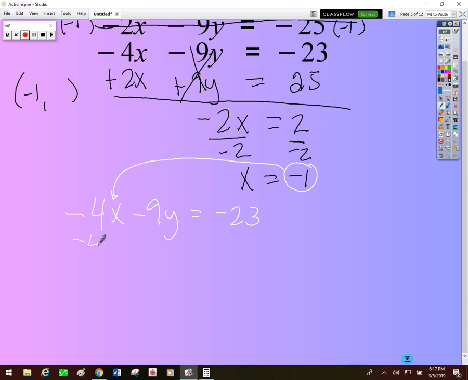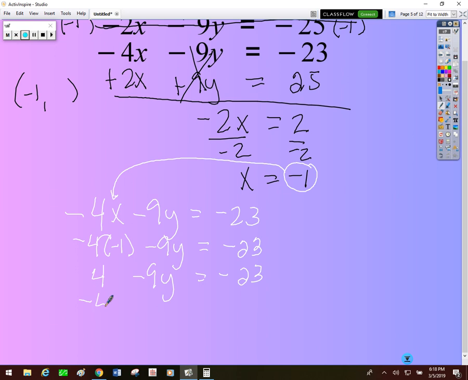All right, so negative 4 times negative 1 minus 9y is equal to negative 23. When I distribute here, negative 4 times negative 1 is a positive 4. Minus 9y equals negative 23. Now we want to separate the variables and the non-variables, or the constants.